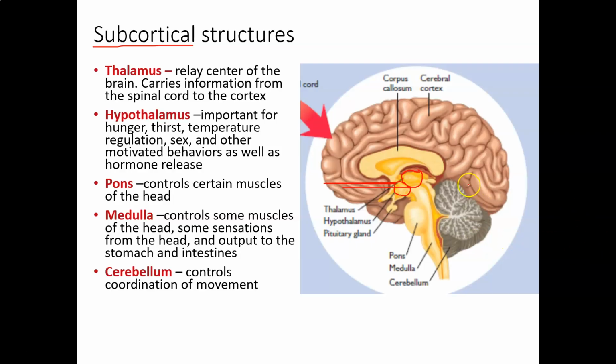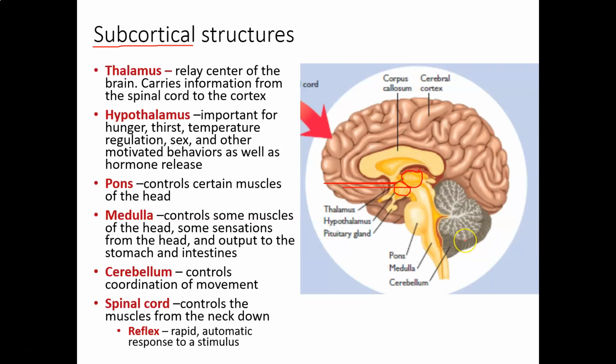The cerebellum is what controls the voluntary movement in real time. It gets a lot of sensory information from the spinal cord and pons, and it decides how to adjust movement in real time as you're attempting to perform it.